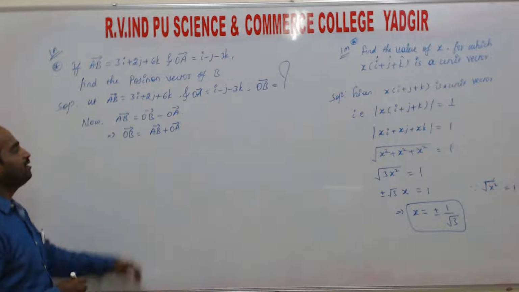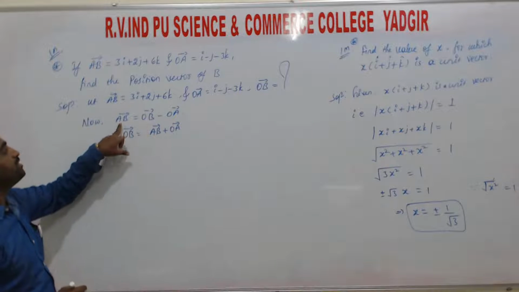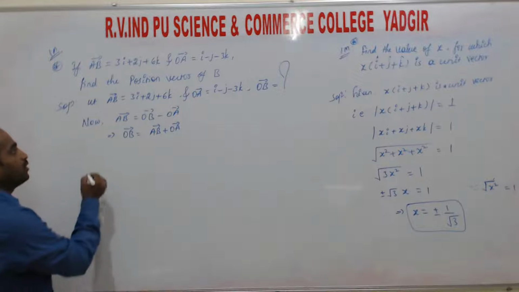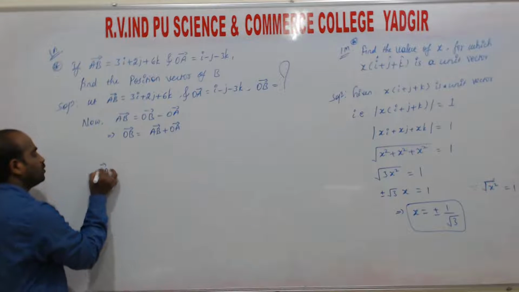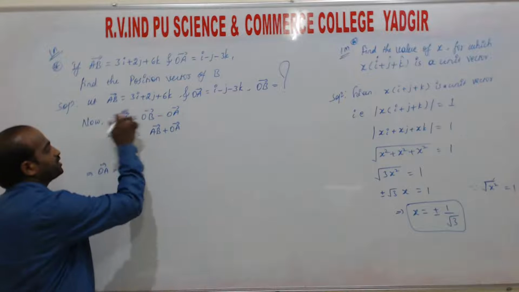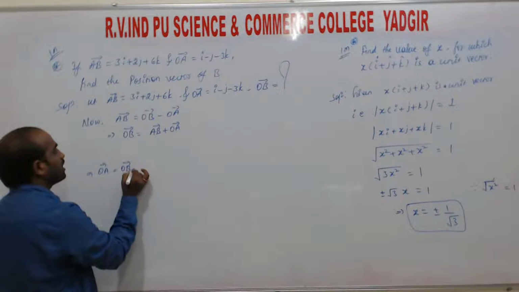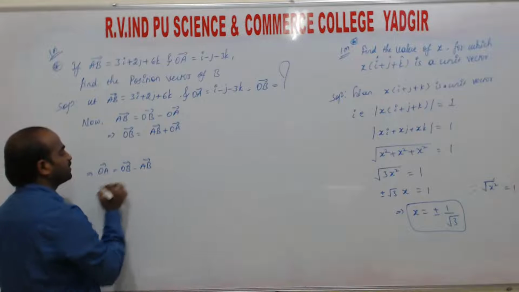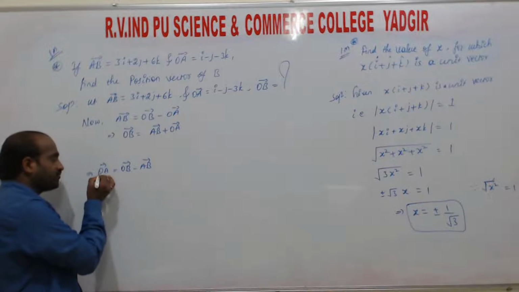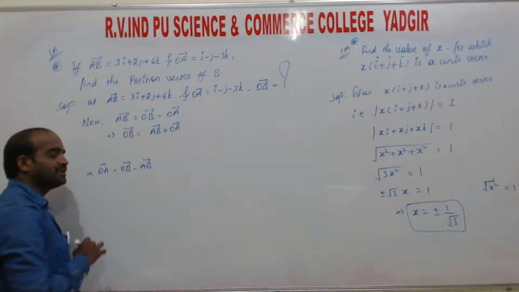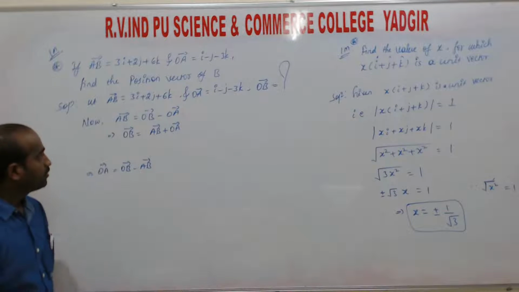For example, if OB and AB are given, then find out OA. OA is equal to minus AB on this side plus OB, so OA is equal to OB minus AB. Okay? We want OB.